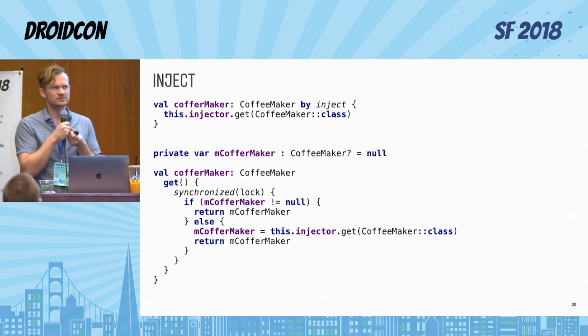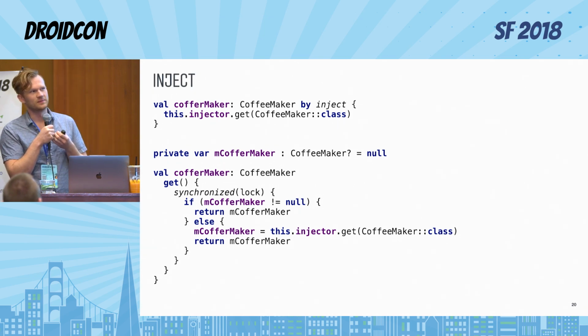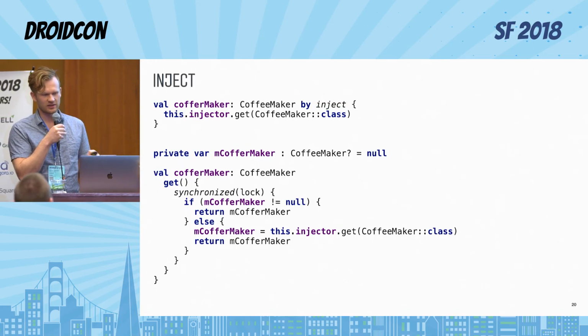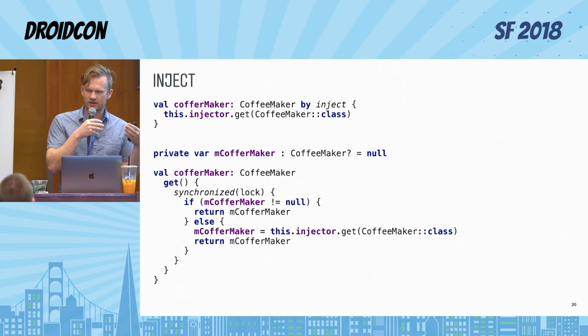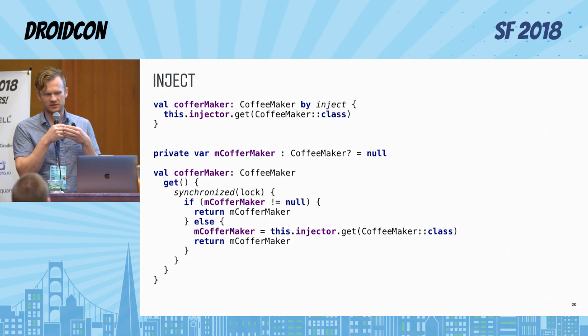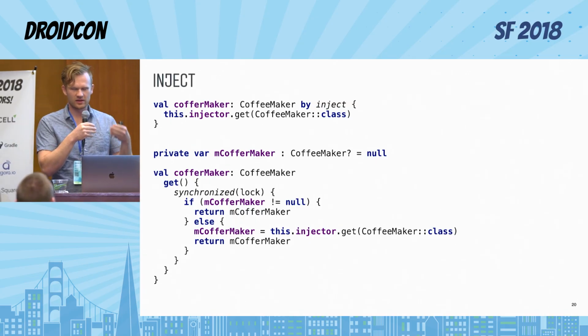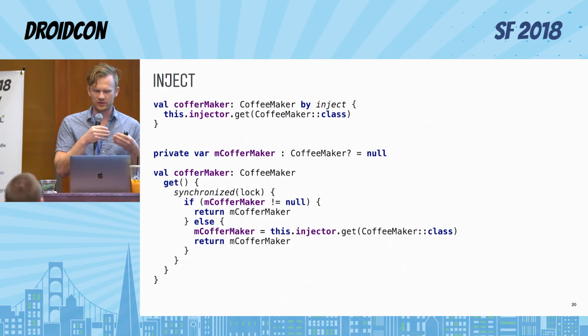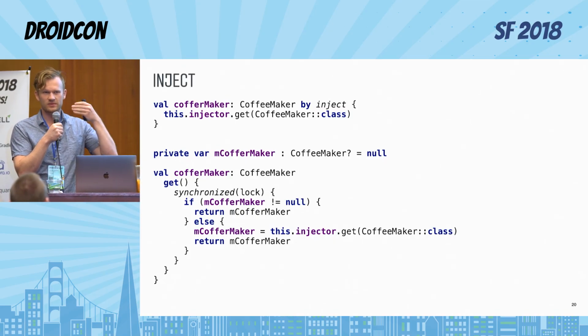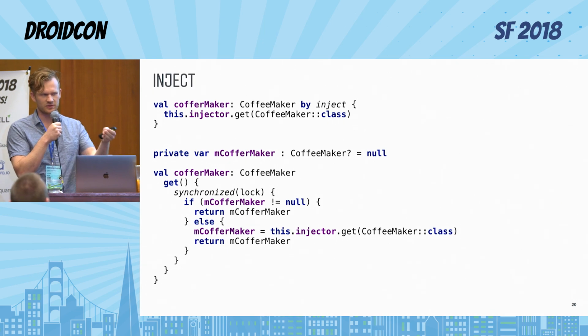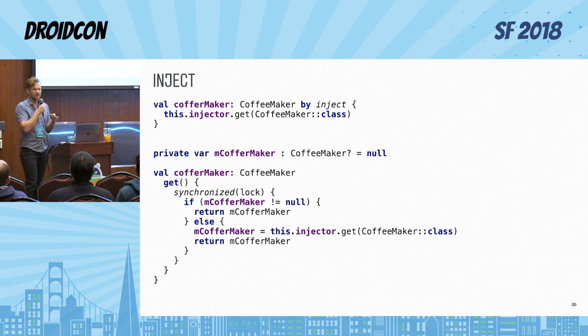So if we transform it to how the final code will look, it will be broken down to a getter and some private field associated with it. Every time you call the coffee maker getter, we try to get an instance of the injected class from the injector and cache it in that field. So every subsequent call to that getter will return a cached instance.